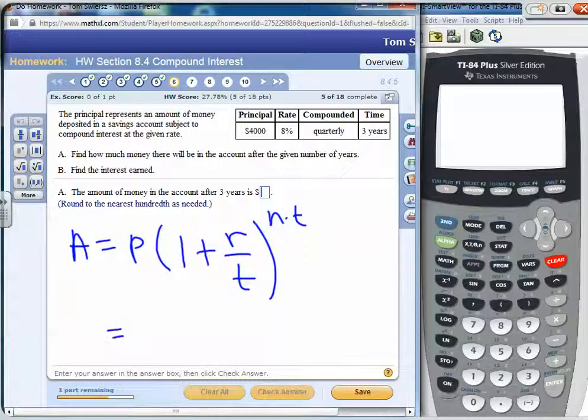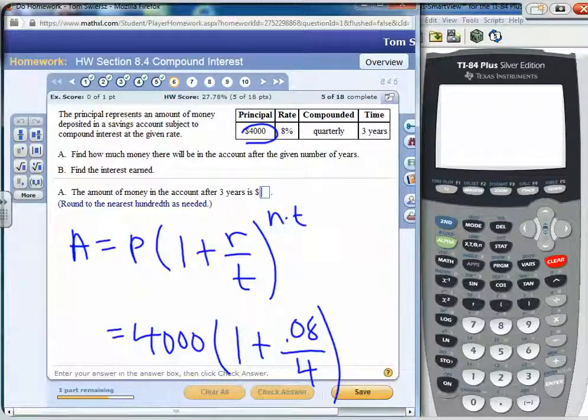So the principal is 4,000. We have 1 plus, the rate is 0.08. Quarterly is 4, so N is equal to 4 because it's quarterly. And then we have 4 times the number of years, which is 3 years. Okay, so there's our formula.